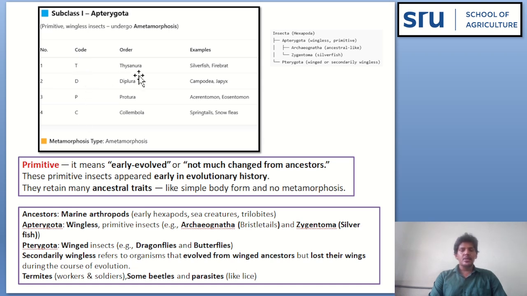T means Thysanura, examples are silverfish and firebrat. D means Diplura, examples Campodea and Japyx. P means Protura, examples Acerentomon and Eosentomon. C means Collembola order, examples are springtails and snow fleas.